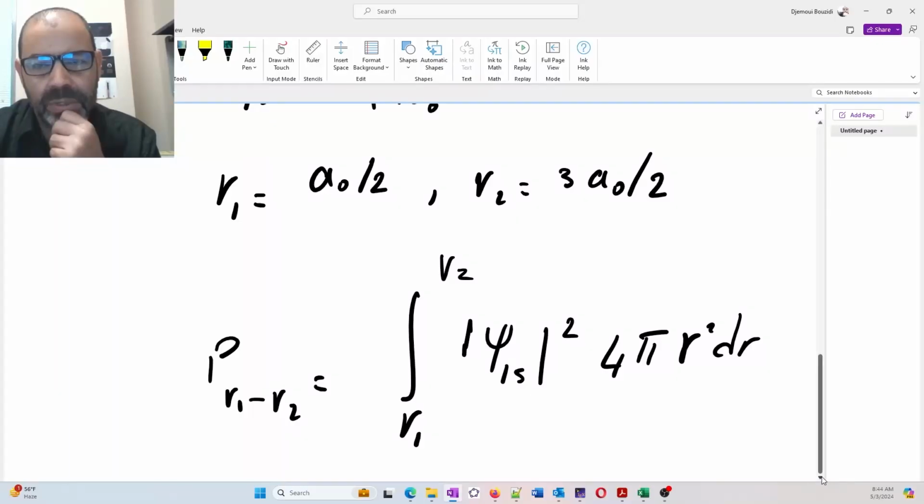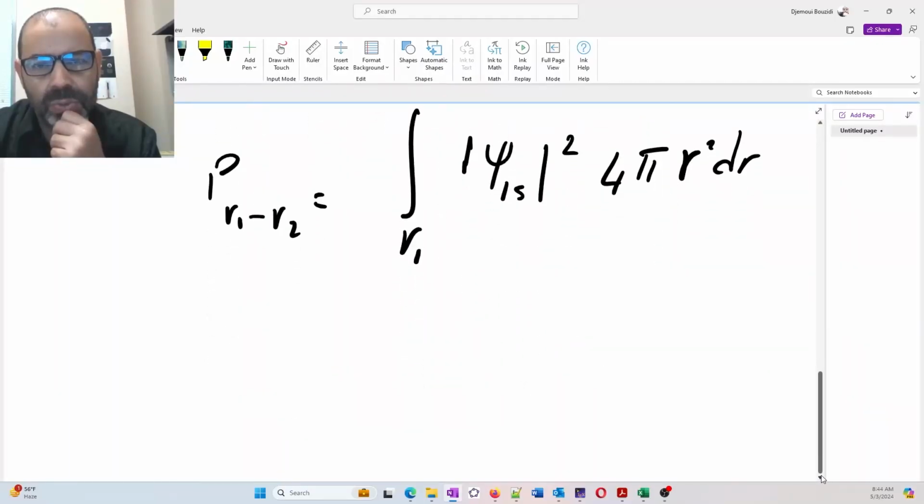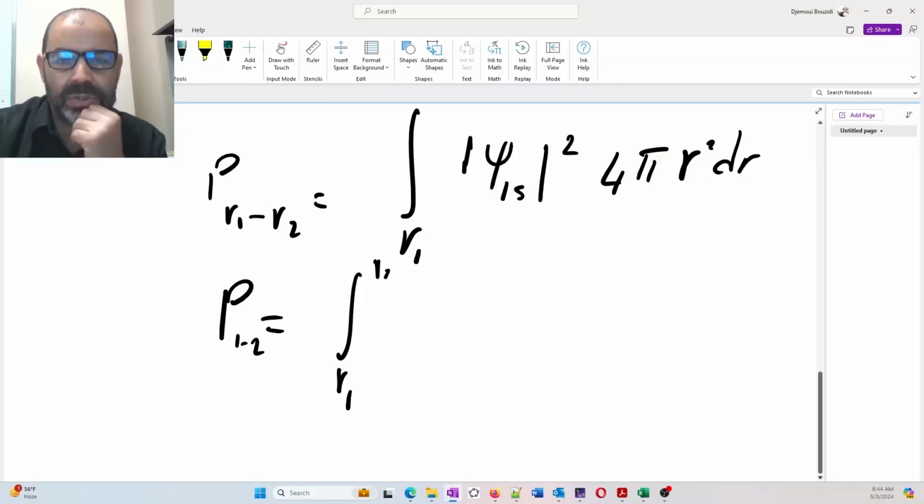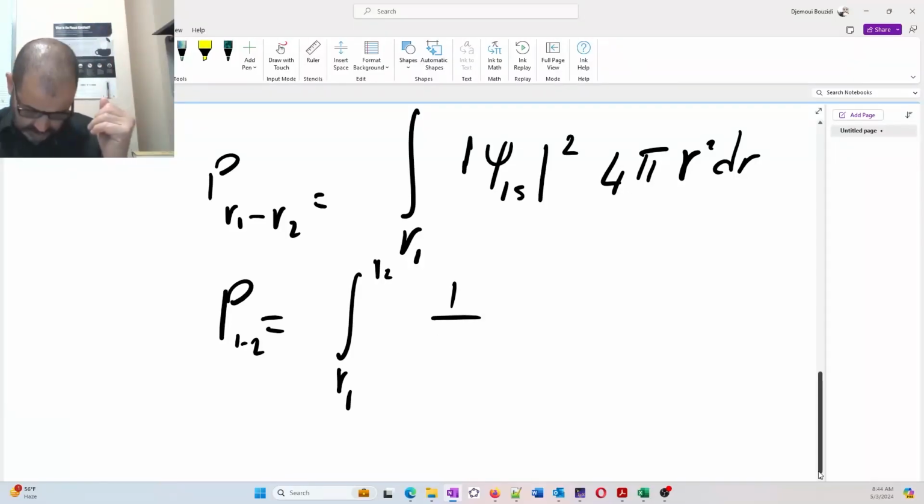So that change of variable that we did last time still holds true. I'm going to drop the index in here, but I'm going to assume that we're talking about position 1 and 2. So that probability is, again, the boundaries of integration from r1 to r2, and 1 over pi a naught cubed.